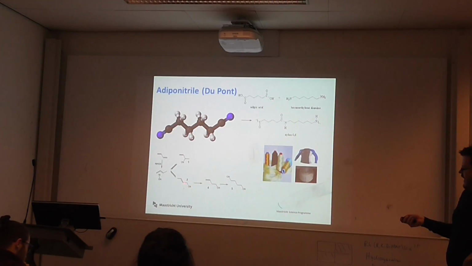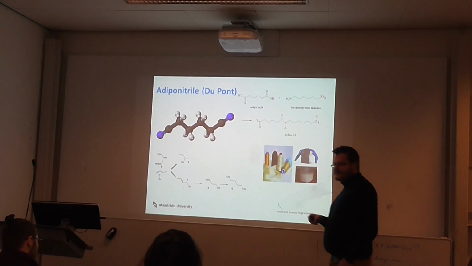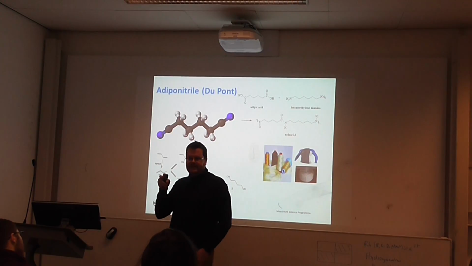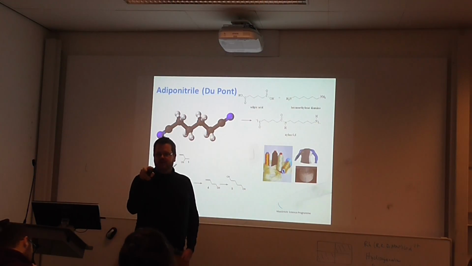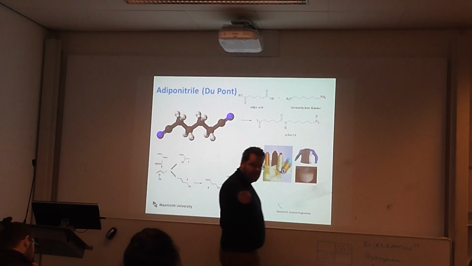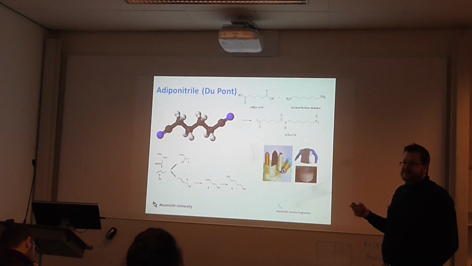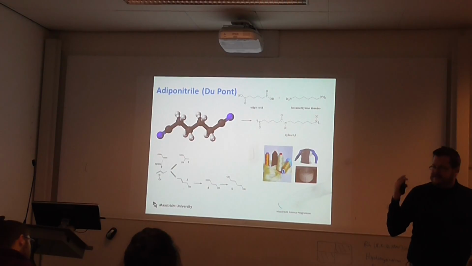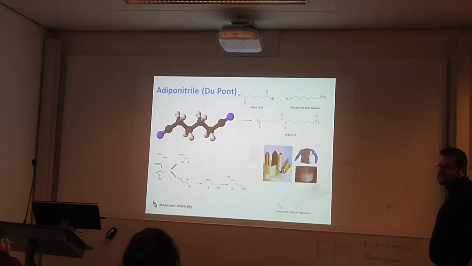Often you have some isomerization taking place over the nickel, because something we haven't discussed is that very often you can do isomerization of CC double bonds over a metal center. In other words, if you have an internal olefin, you can make it move around after it's coordinated to the metal, and that's what happens in this reaction. But that's not a problem, because what they do is take a mixture of these isomers, and over time there's a high selectivity towards the adiponitrile product.